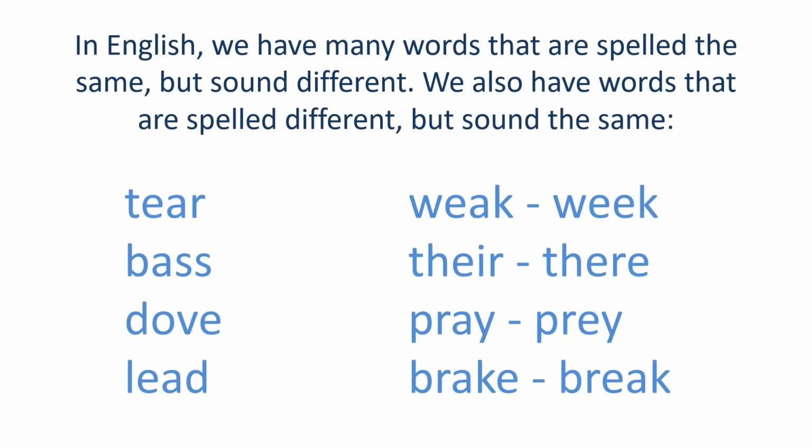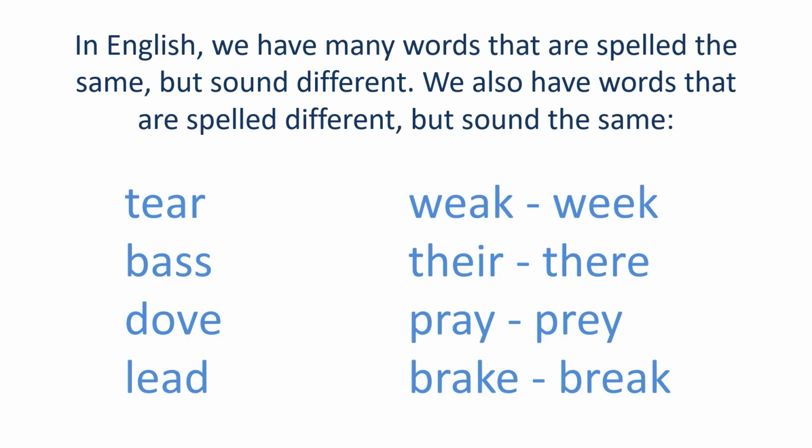Although it may be difficult to pronounce Spanish words initially, I want to reassure you that the rules in Spanish are actually much simpler than those in English. In English, we have many words that are spelled exactly the same, but are pronounced differently. For example, we have the word tear, which can also be pronounced differently, even though it's spelled exactly the same.